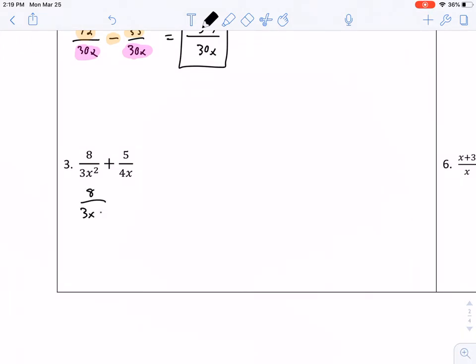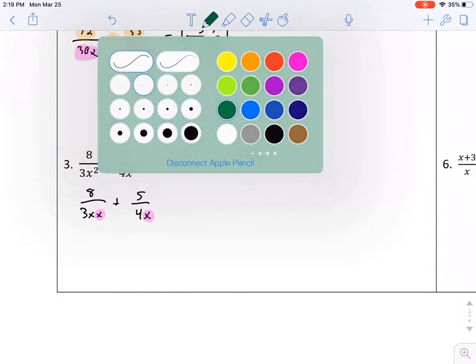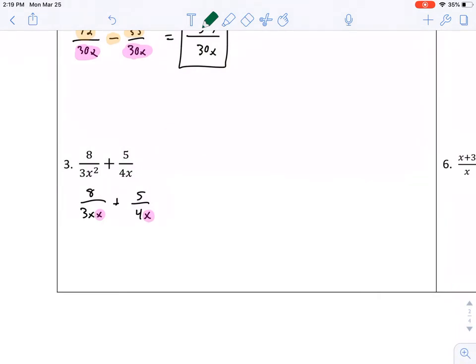3x squared is really 3x times x, plus 5 over 4x. So if we look at these denominators, they both have 1x in them. Okay? So now if we analyze, we go, all right, first fraction, we have 3x on the bottom, we have 4.